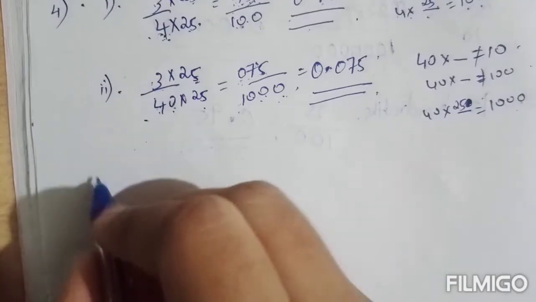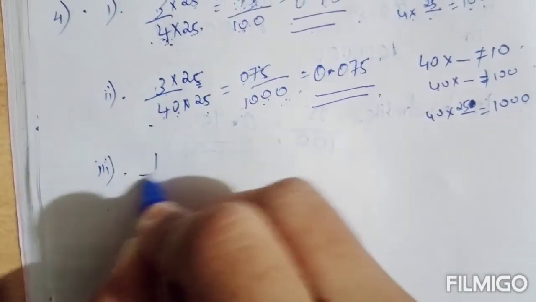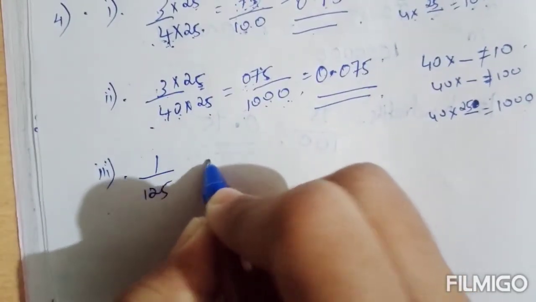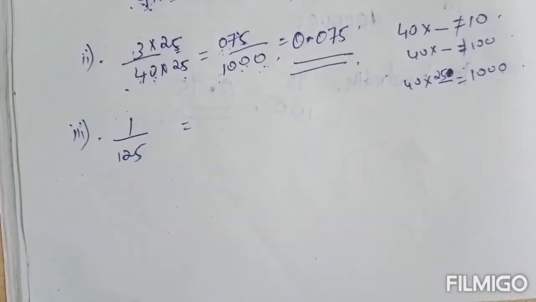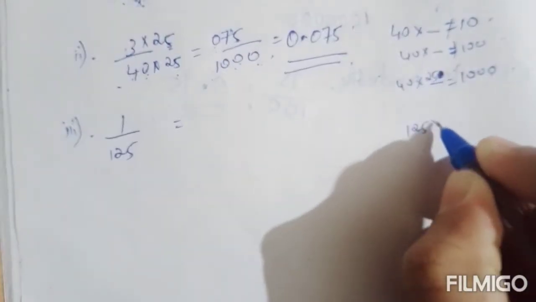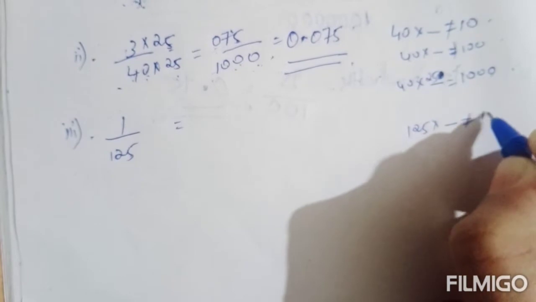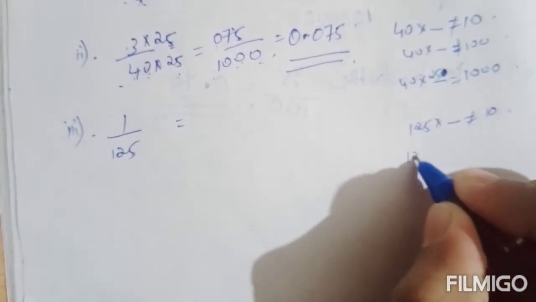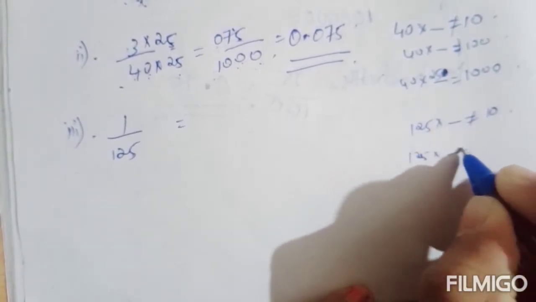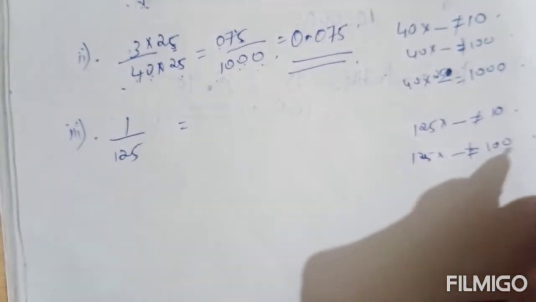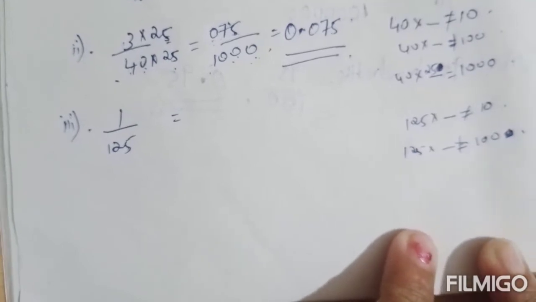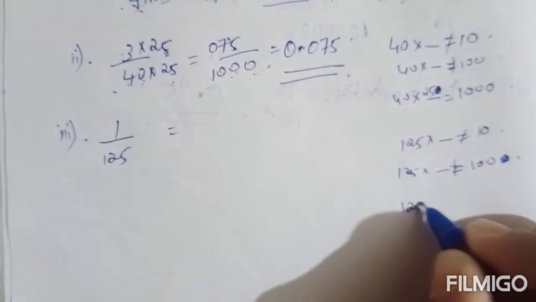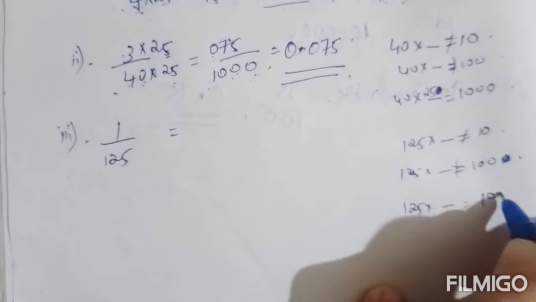Next, third one, 1 by 125. So 125, we can't convert that to 10. 125 into any number, you will not get 10. Next, 125 into any number, you will not get 100 also. Next, 125 into any number, you will get 1000.